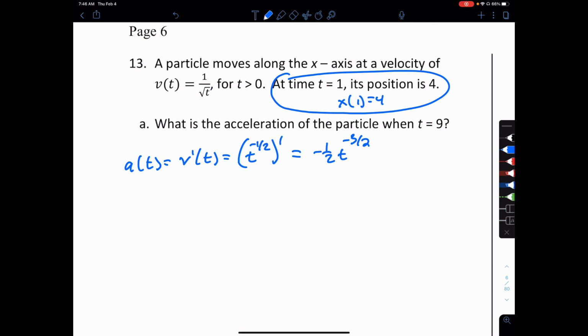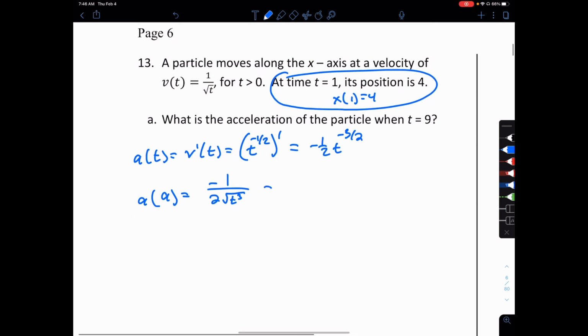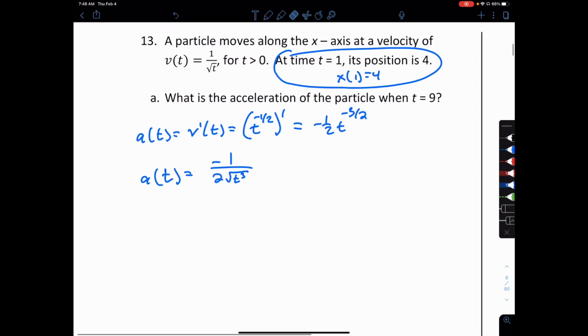So I get my acceleration function. I want to know what the acceleration is at 9. So if I rewrite this like so, there's my acceleration function written in a way that's easy to use.